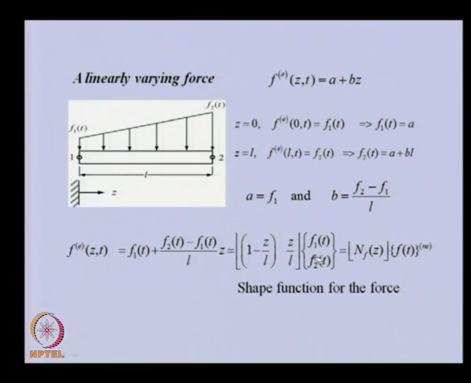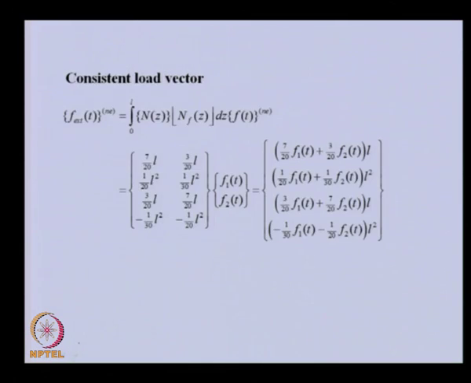So, you will see that basically we obtain a shape function for the force. These are for node 1 and 2, but this is the shape function for force, and this can now be used for calculation of the consistent load vector. Now, instead of the force, we have kept this shape function into this.